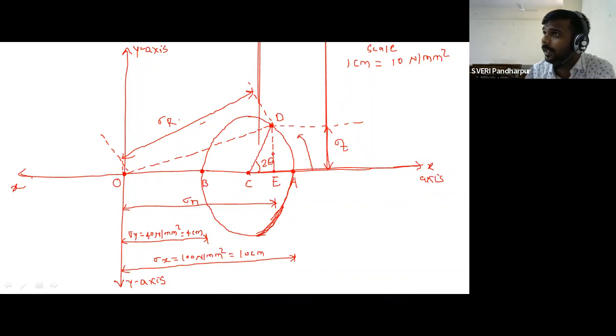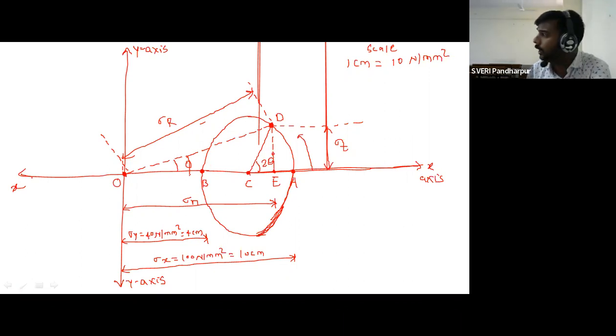And angle DOE. Look, which point did I say first? Angle D, then O and E. If you measure this angle, this is your angle of obliquity, that is phi. Angle DOE, this is your angle of obliquity phi.